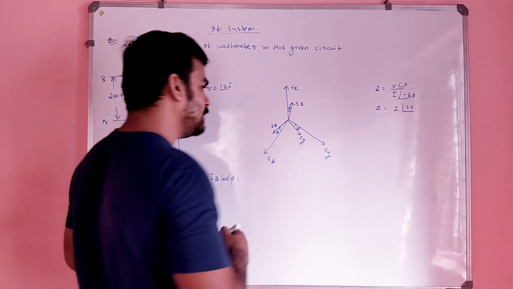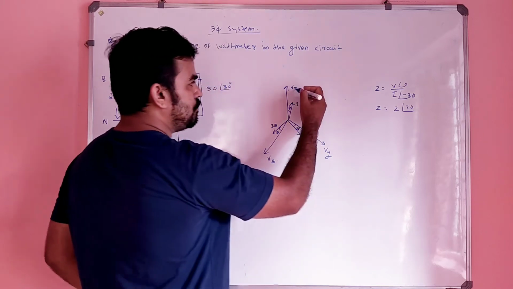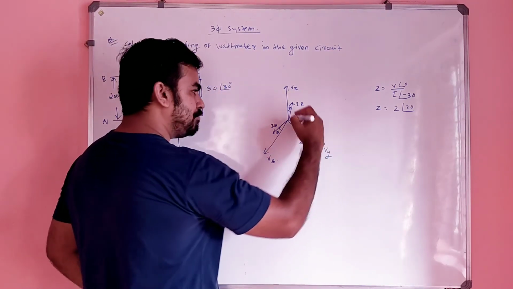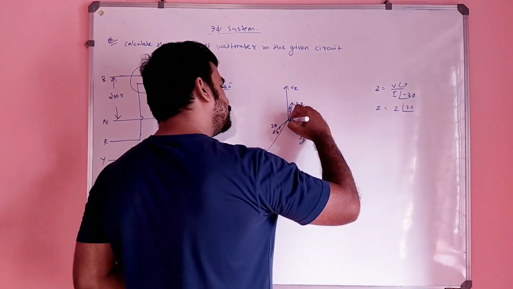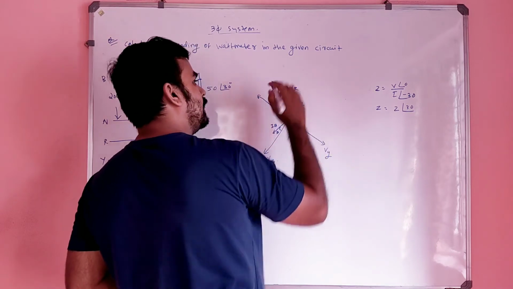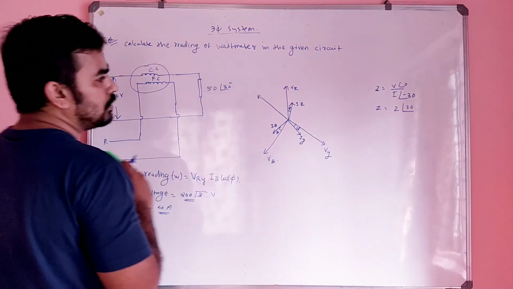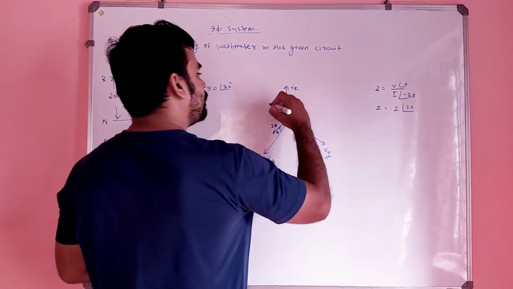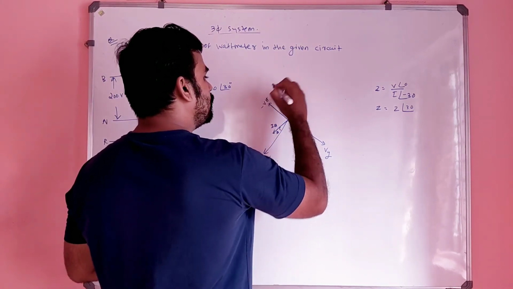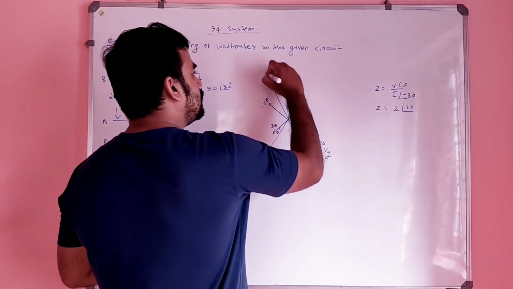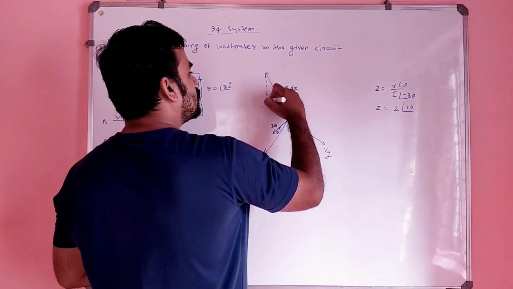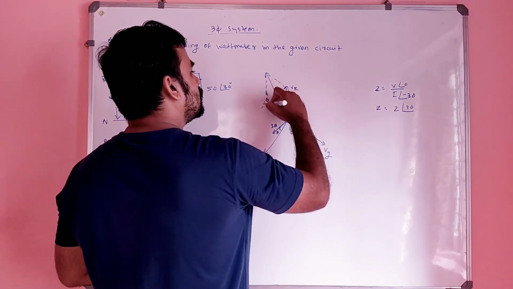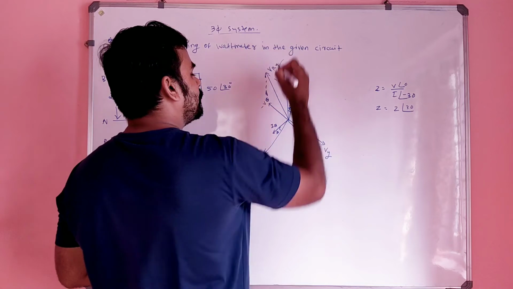Let's draw that. So this is VR, and if I extrapolate in this graph, this is minus VY. So the resultant will be VRY.